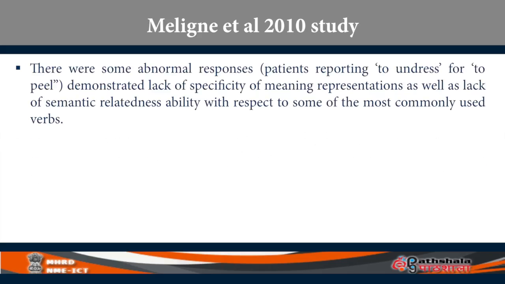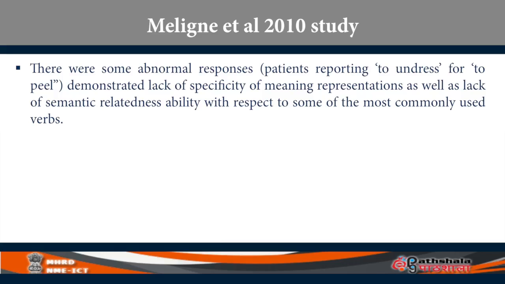There were some other abnormal responses. For instance, instead of peel, they said undress. You do not substitute peel with undress, especially if what is being shown is an orange, right. So they also demonstrated lack of specificity of meaning representations as well as lack of semantic relatedness ability with respect to very commonly used verbs.